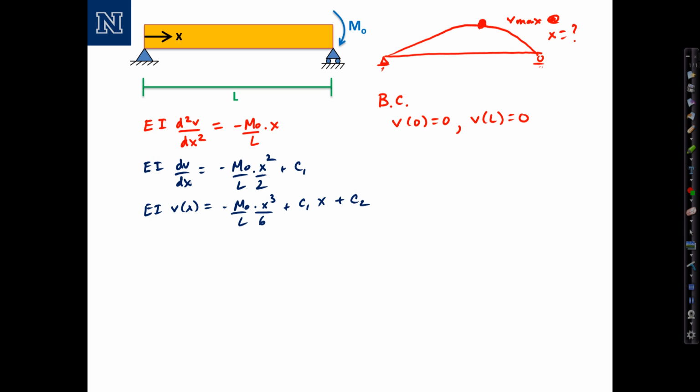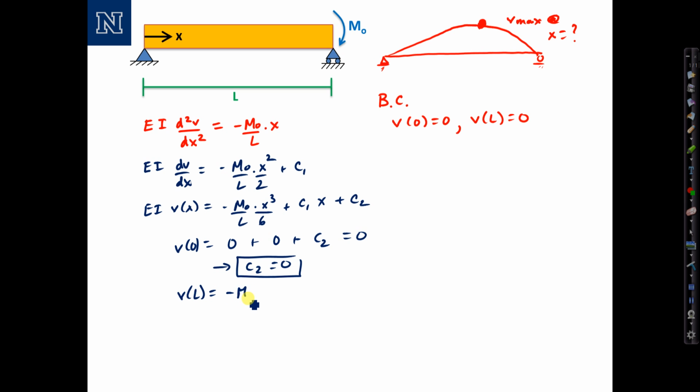Now we can apply our boundary conditions. The first one, v of 0 equals 0. First term is 0, second term is 0. So we're left with c2 equals 0. Now we'll apply the second boundary condition, v of L equals 0.